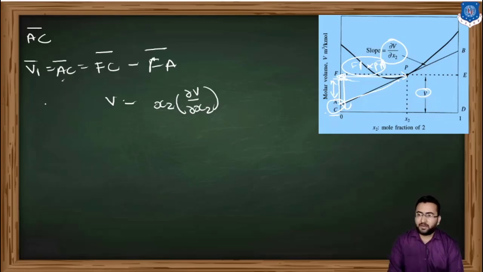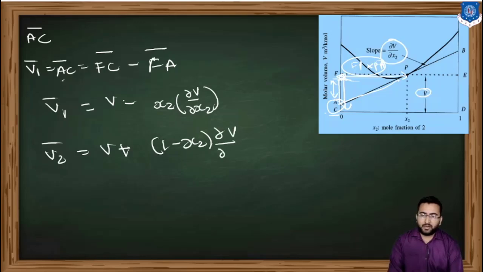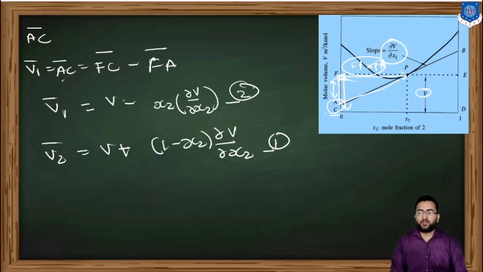So we will get the value of V1 bar equal to V minus x2 times del V upon del x2, whereas the value of V2 bar can be given by V plus 1 minus x2 times del V upon del x2. So this is our equation number 2 and this is our equation number 1. This is how we can find the partial molar property and partial molar volume.